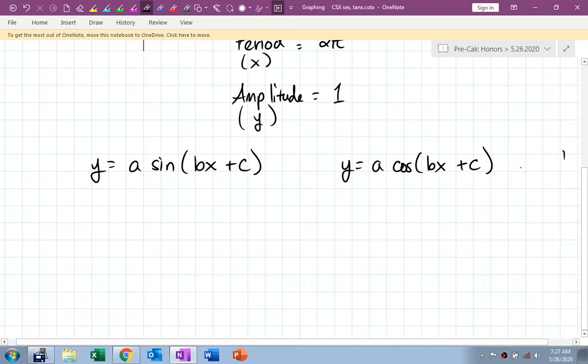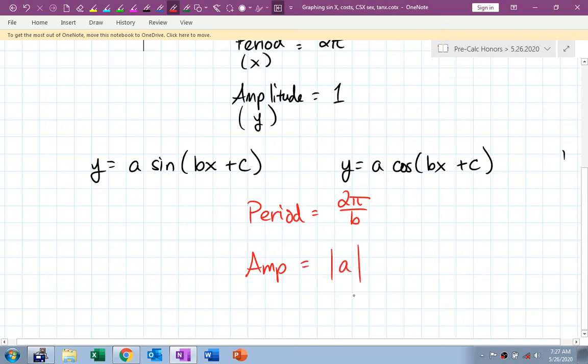So this goes for both of these. The period is 2 pi over b. Whatever's in front of x, you're going to put underneath 2 pi. And your amplitude is the absolute value of your a term, or whatever's in front. So using these, you're going to be able to do a lot.